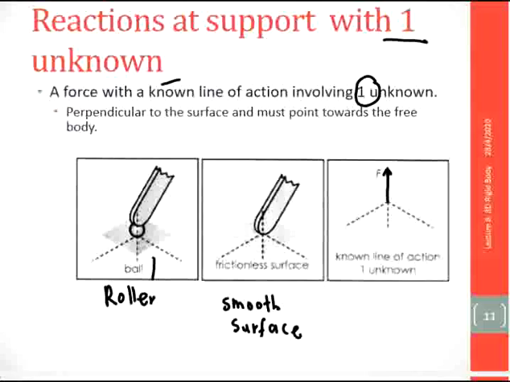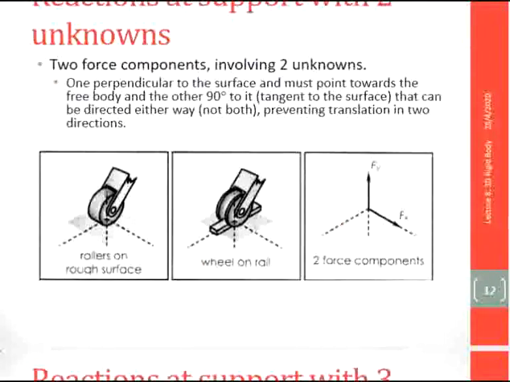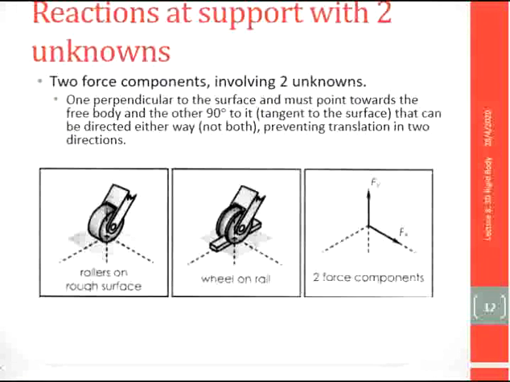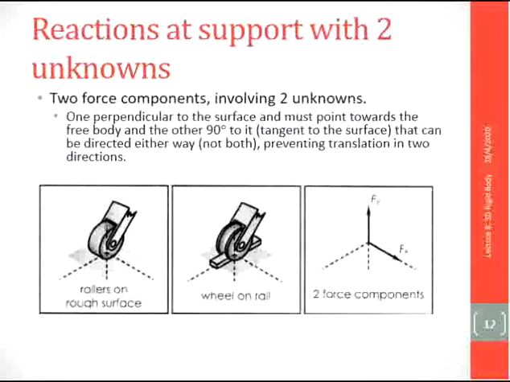Okay, and for the reaction at support with two unknowns, it is roller and rough surface. Maybe I have not explained this before. This is another type.